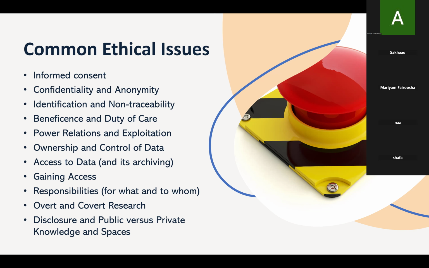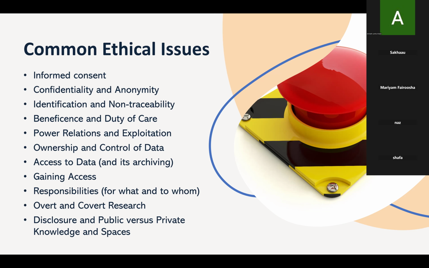Should it be you as the researcher, or somewhere else? It needs to be kept protected. Access to data and its archiving should be managed so that access cannot be given to people who should not have it. For gaining access to the actual participant, there should be a protocol. And then, to whom are your responsibilities, and what are those responsibilities for?